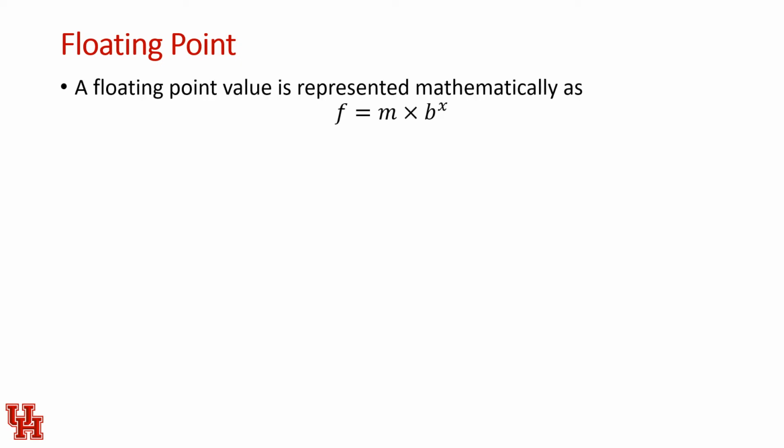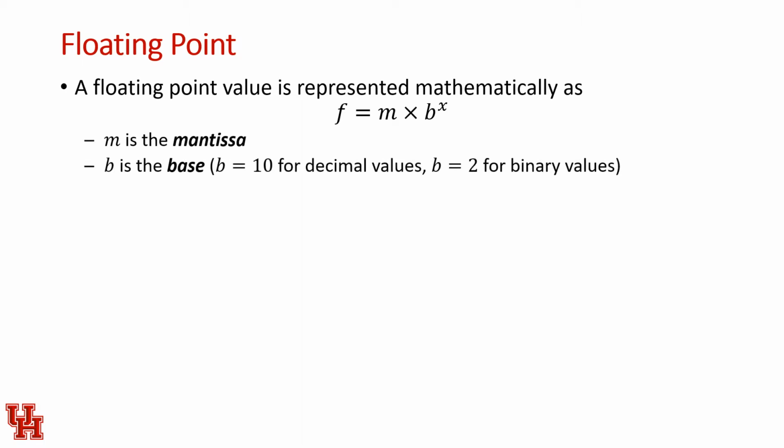Now, basic floating point numbers are represented mathematically with the expression f equals m times b to the x. Here, the value m is known as the mantissa, b is the base, which will either be 10 in our examples or 2 in a digital system, and x is the exponent.